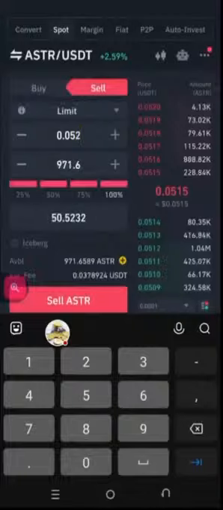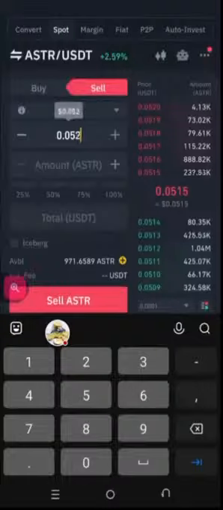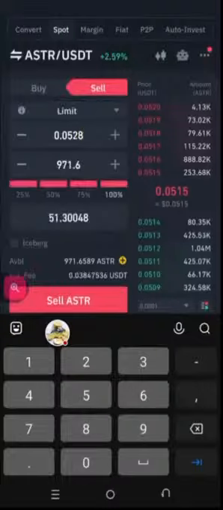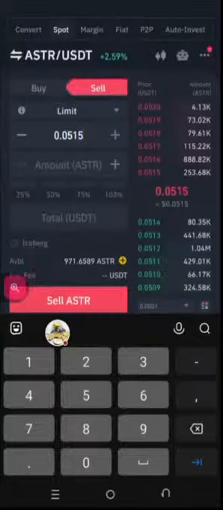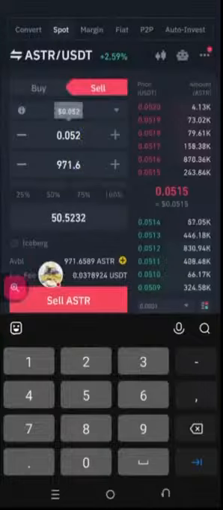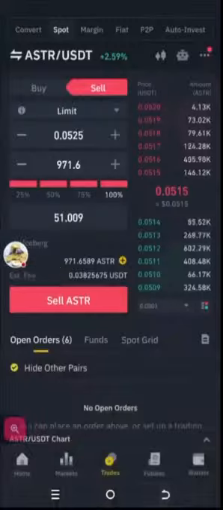No, no, no. 5.28. Okay. 5.25, I think that will be good. All right. 5.25. Alrighty. Good. Target of 2%, and then we're good.